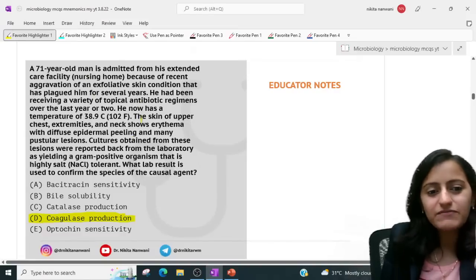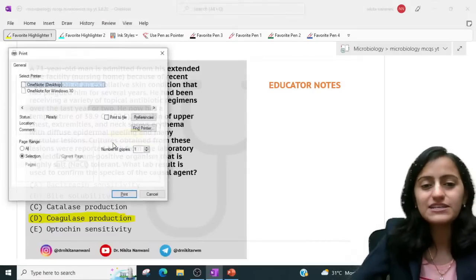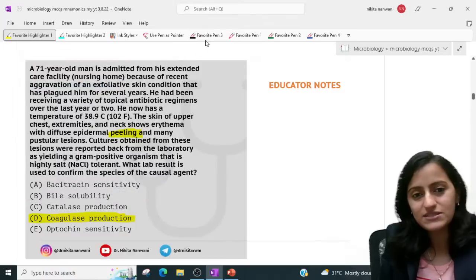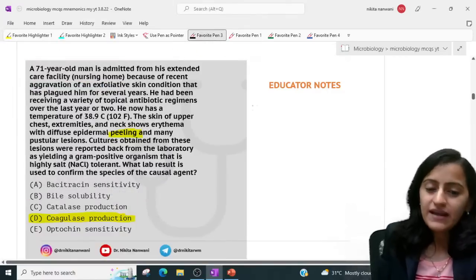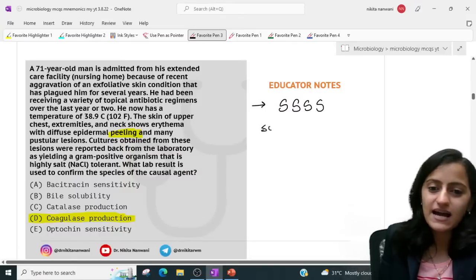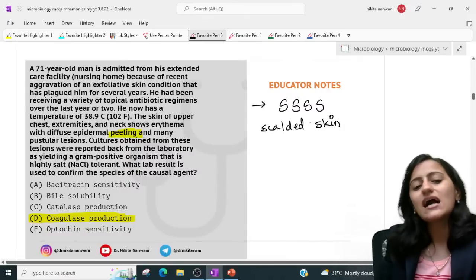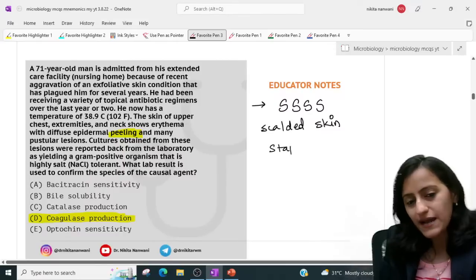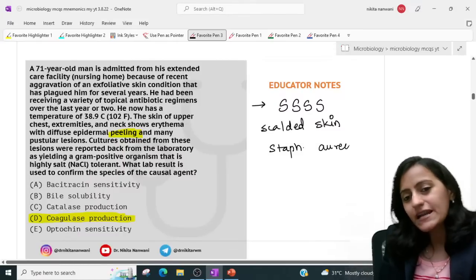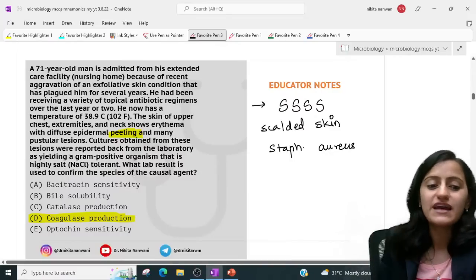So here you have the very important keyword, which is diffuse epidermal peeling and sometimes pustular lesions. So there are skin lesions mentioned here, and this is basically staphylococcal scalded skin syndrome. Scalded skin is what we are talking about, which is caused by Staph aureus. Now tell me, which of these options is the most specific for Staph aureus?